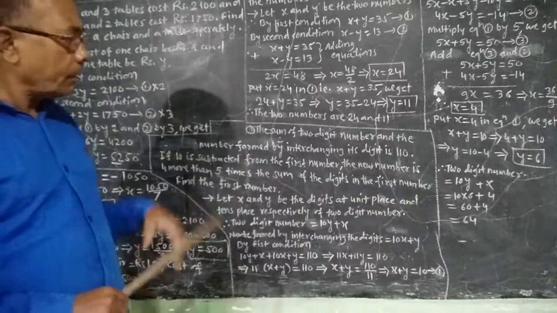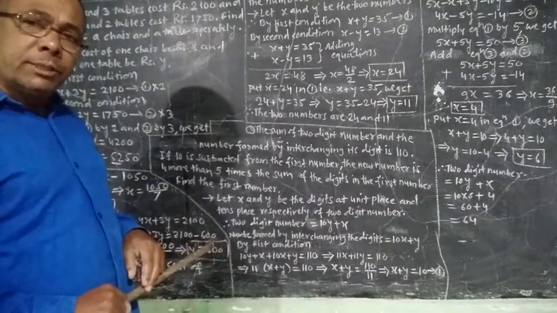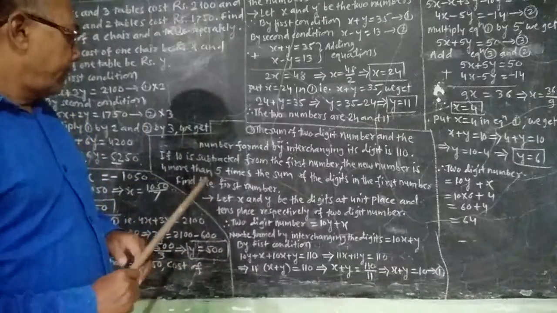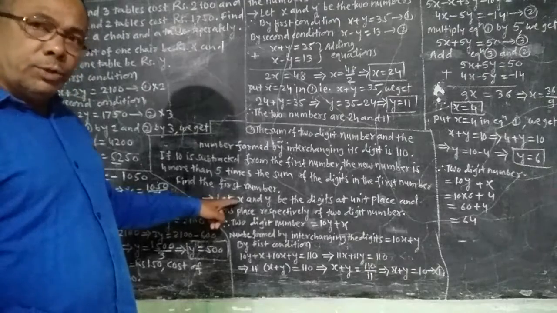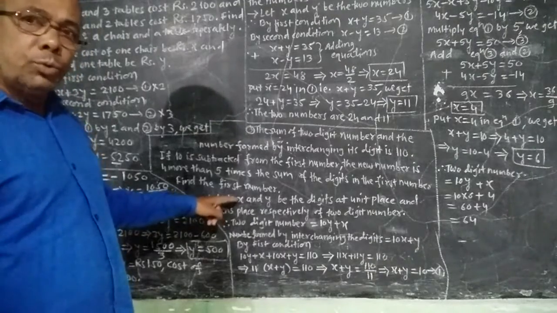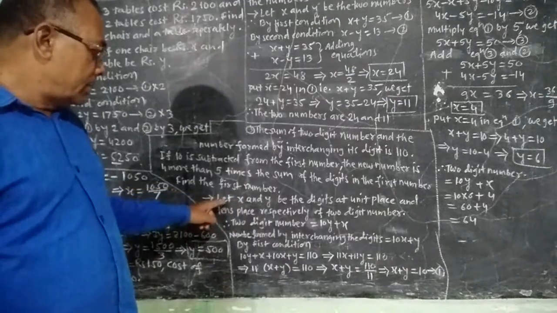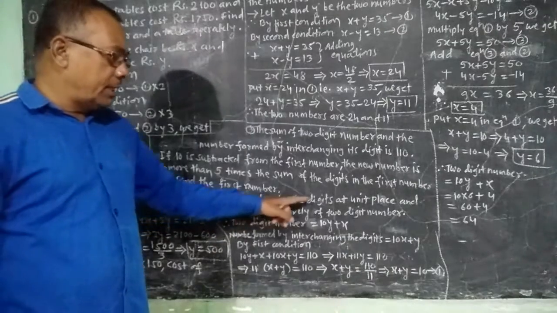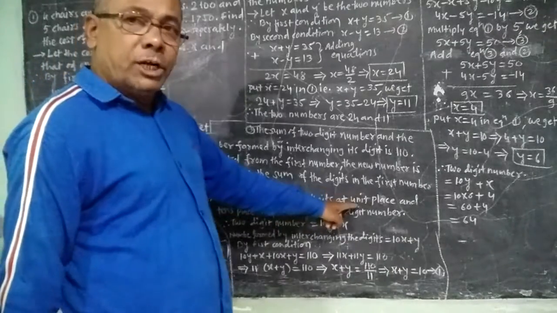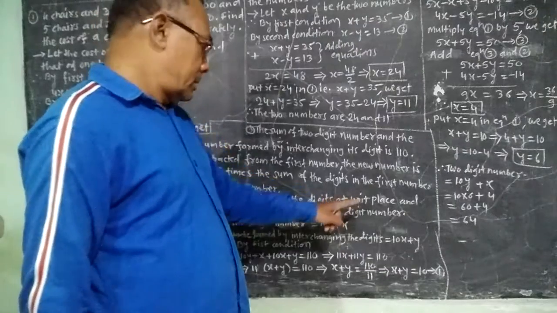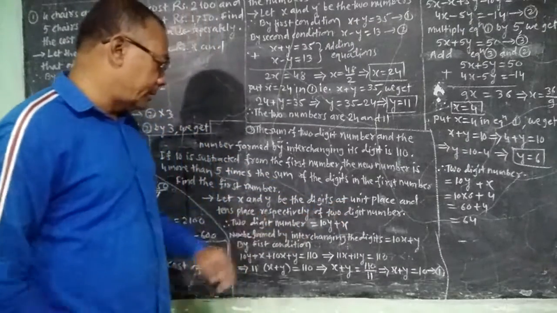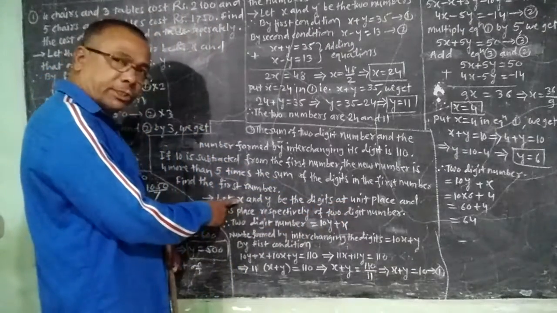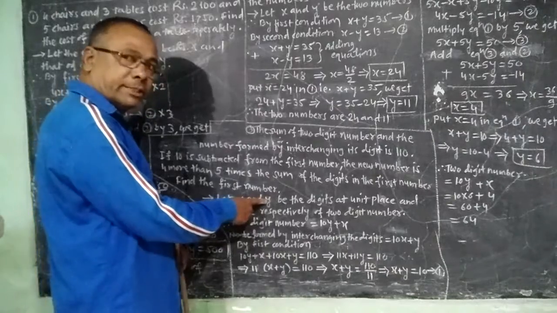Here the number is a two digit number, meaning we don't know the two digits, so we have assumed x and y. Let x and y be the digits at unit place and tens place respectively, meaning x is the unit place digit and y is the tens place digit.